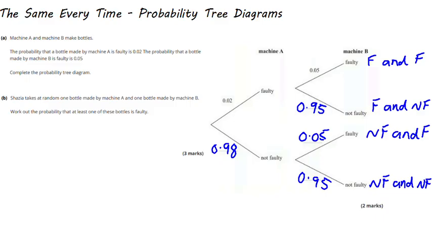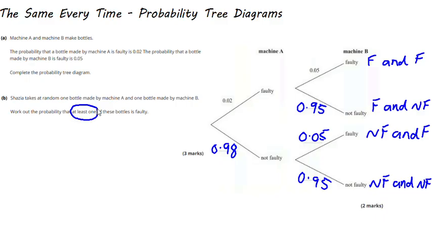Anyway, Shazia takes at random 1 bottle made by machine A, 1 bottle made by machine B. Work out the probability that at least one of these bottles is faulty. Sometimes in probability, we have to understand the words, and at least one is a form of words that we may well see.